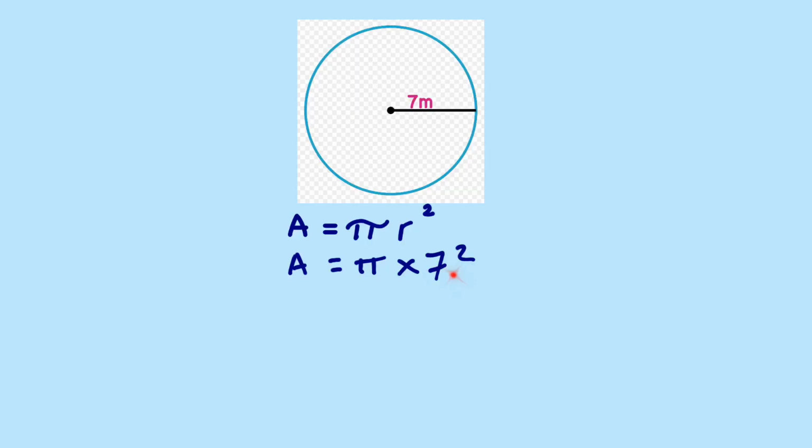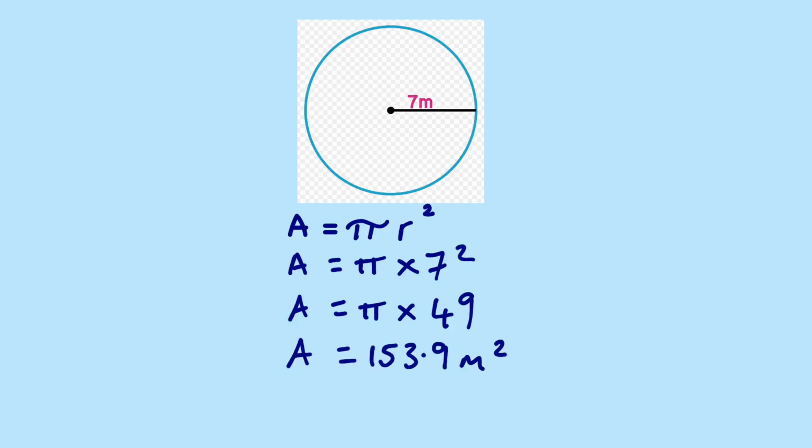So substituting in my value for the radius of 7, we will square the radius first to give 49, and then we will do pi button times by 49, which gives us the answer of 153.9 meters squared.